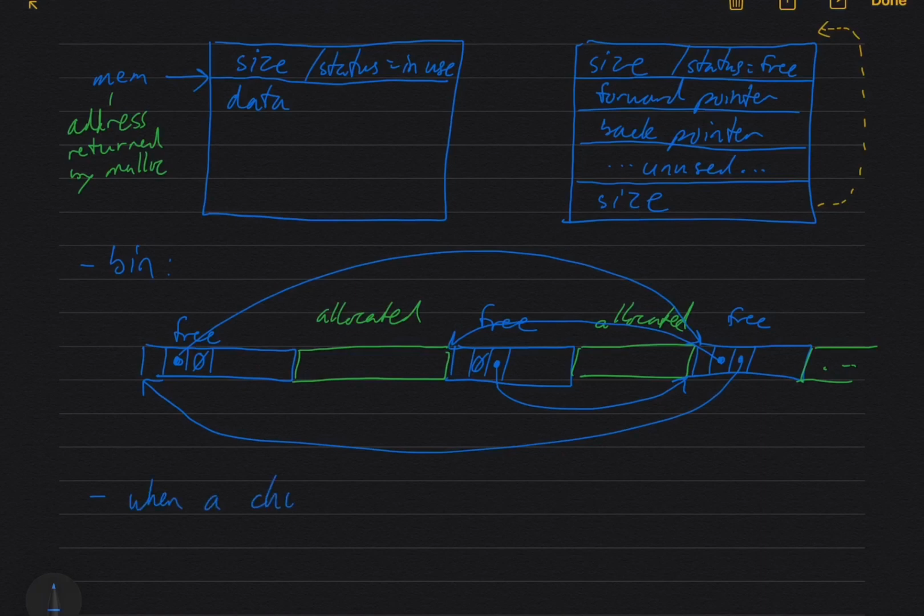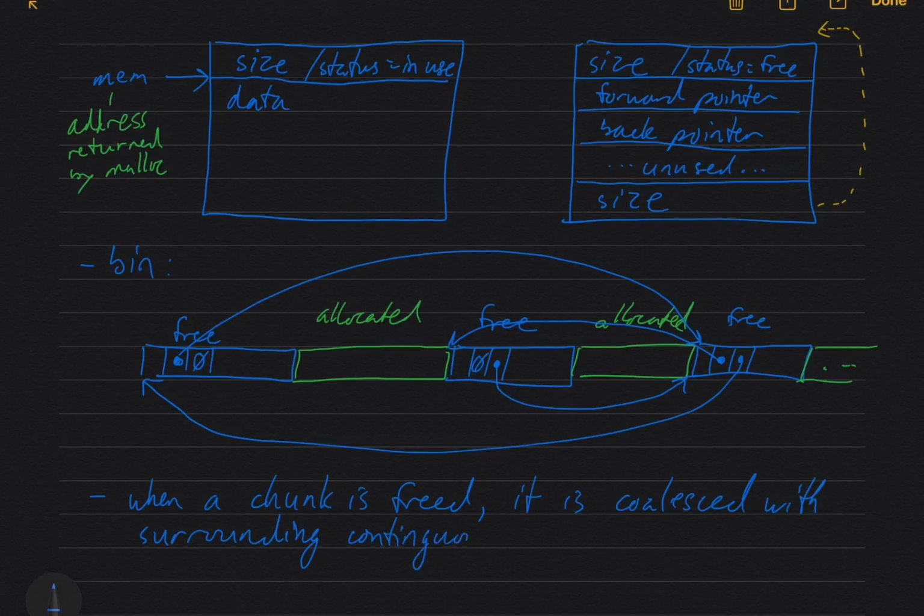One more point. When a chunk is freed, it is coalesced, meaning combined with surrounding contiguous free chunks. Let's say that the first allocated chunk in this diagram here gets freed, then that would be coalesced with the two free chunks to either side of it to create one big free chunk.